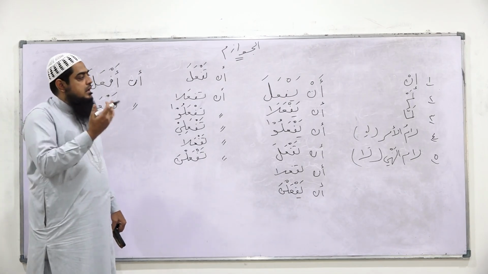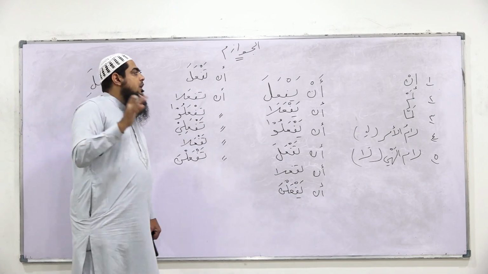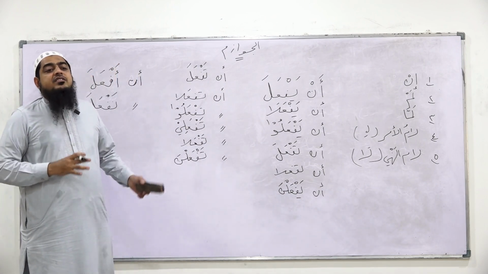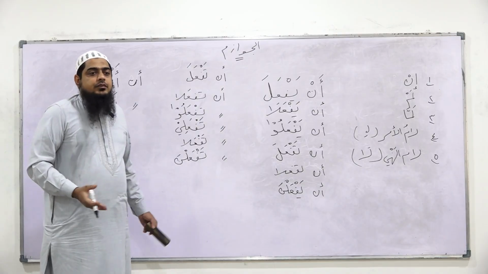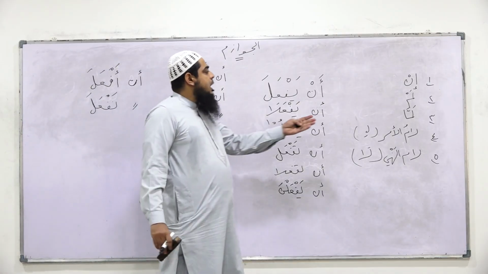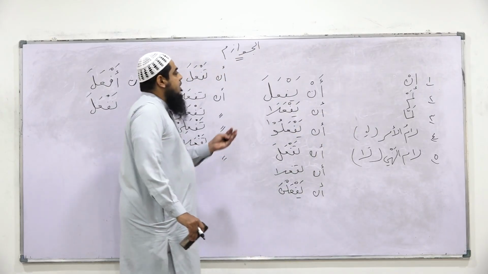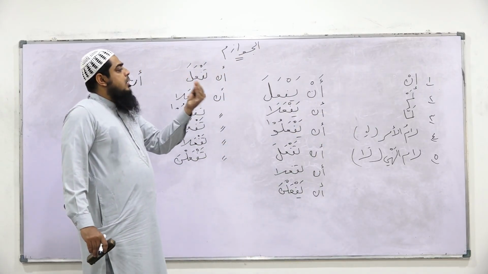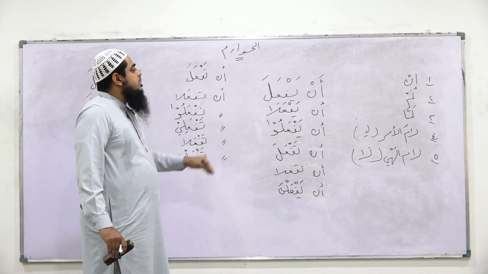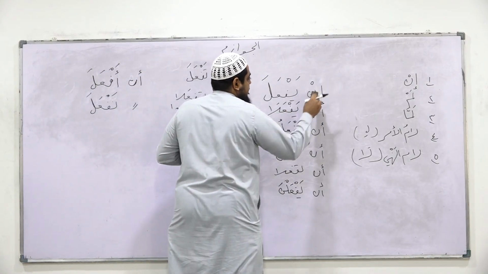Usage of these huruf with their meanings is the subject of nahu. Here we will see what changes they create on the fi'l. That is our subject. Now you have in, lam, lamma, lam al-amr, lam al-nahi, totally five huruf. If you introduce these huruf on fi'l al-mudari', then what happens? Let's see.